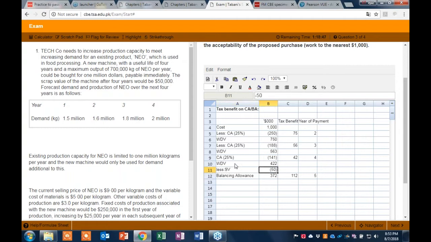Let's say it's minus 450, the WDV minus 500. So in this case, instead of balancing allowance, it will be a balancing charge. That is, we will show it as our additional tax rather than tax benefit. So we'll show it as a negative figure, and it will be called balancing charge rather than balancing allowance.